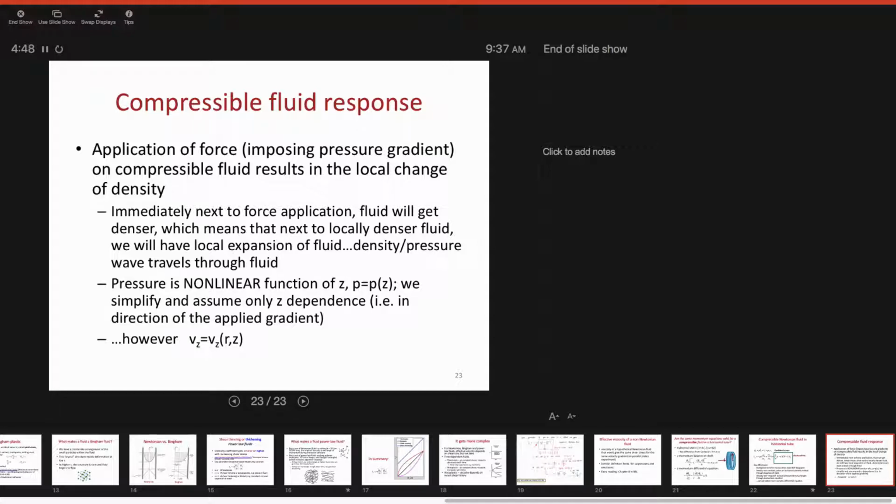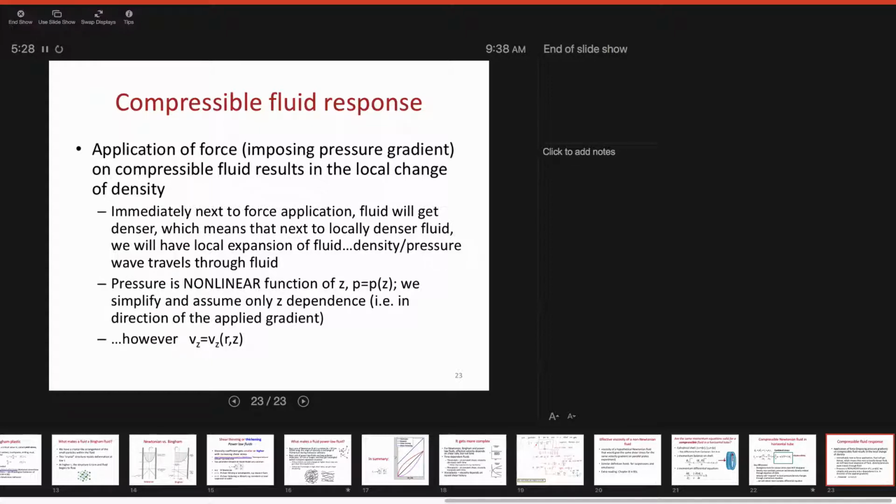If fluid locally gets denser, that means that next to it I have fluid locally become rarer, because I have a constant amount of fluid to go around. So I start having denser, less dense, denser, less dense. I start having a wave within my fluid. And because pressure is related to the density, it becomes a nonlinear wave as well in response to those density changes.